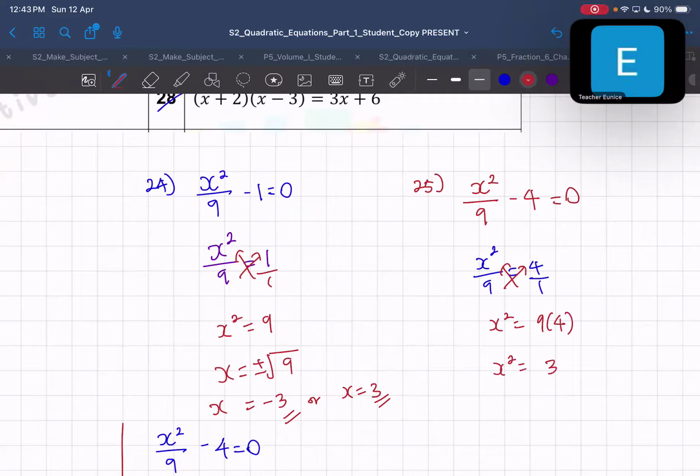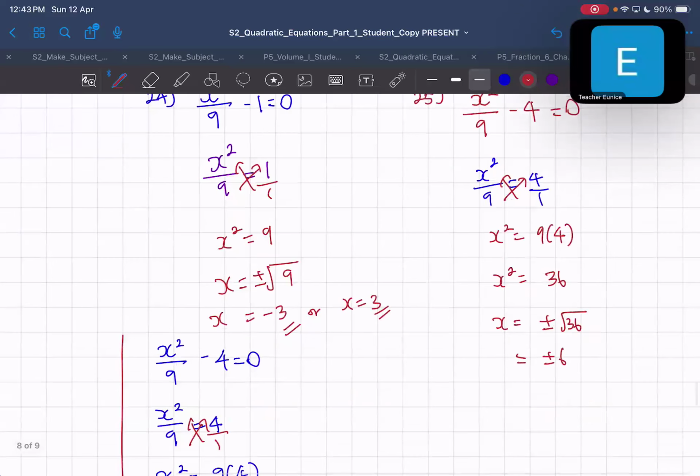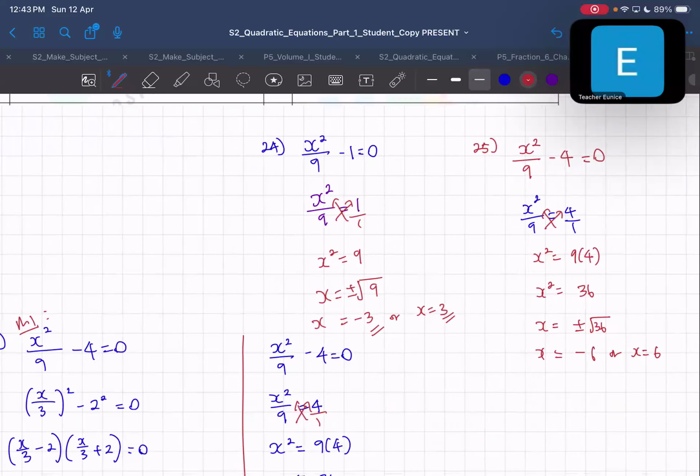Okay, and then? Square. Okay, so we will get plus minus 6. Very good. Now, so for question 25, you should get 6 and minus 6.